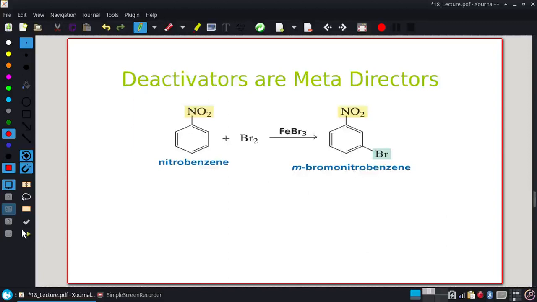All right, all of our deactivators are actually going to primarily go into the meta position. Now, the reason is very similar, but it's not based on stability.